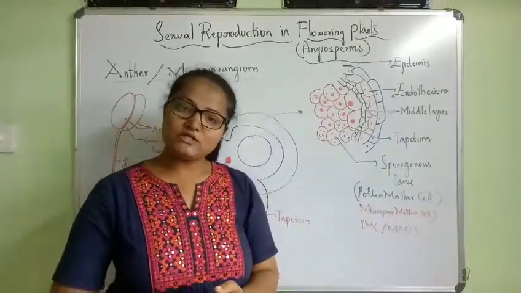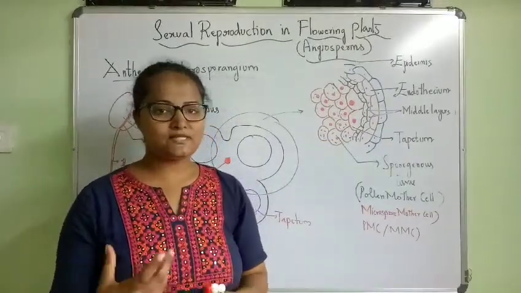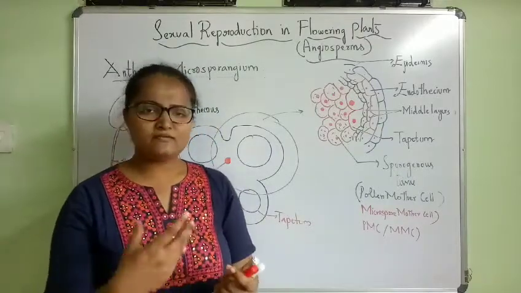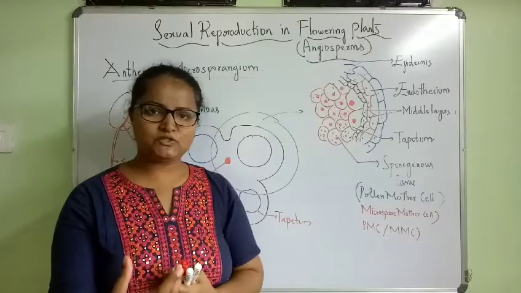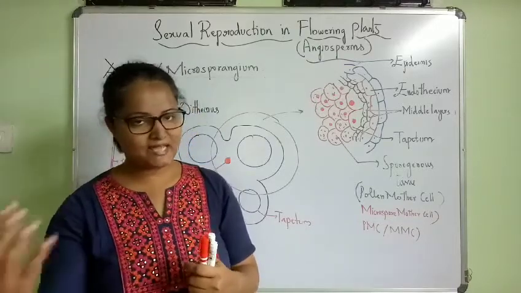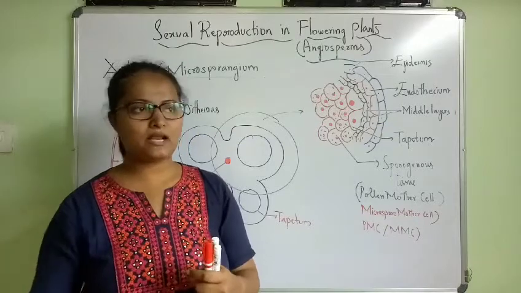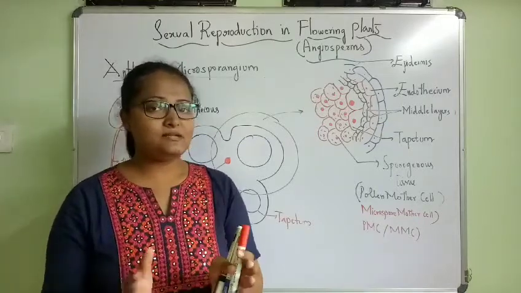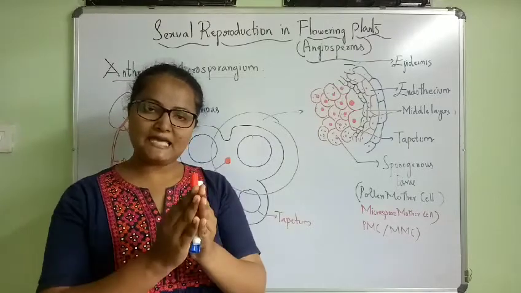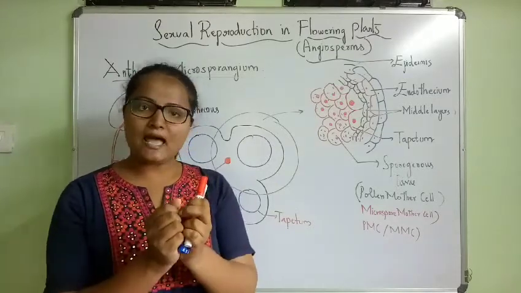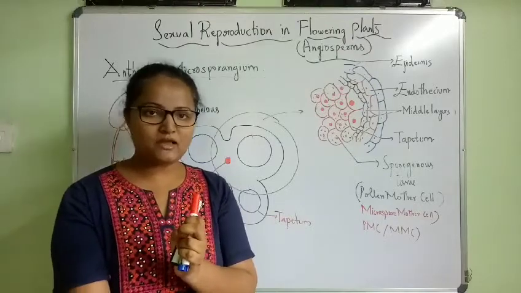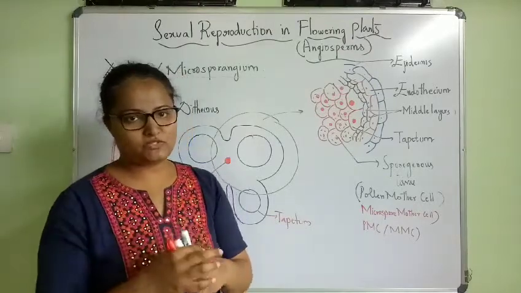Endothecium is the layer which helps in dehiscence. Dehiscence means dispersal. Whenever the pollen grains have matured and want to disperse out of the anther, this endothecium helps. Endothecium helps in dehiscence of the anther, so that the anther will open and the pollen grains will be dispersed outside for the pollination process.